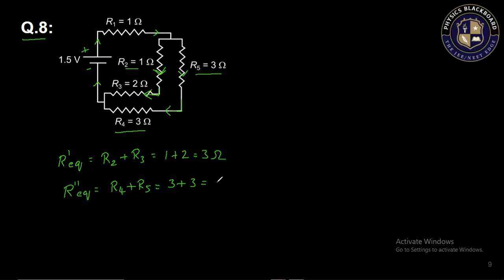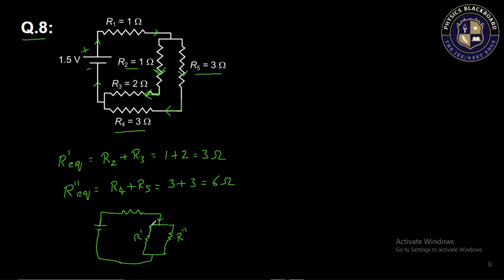You will get 6 ohms. And then, now if you redraw this, I will take this as R dash and I will take this as R double dash. Now you can see that these two are in parallel connection.